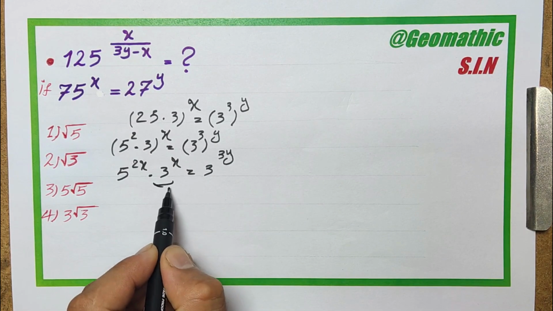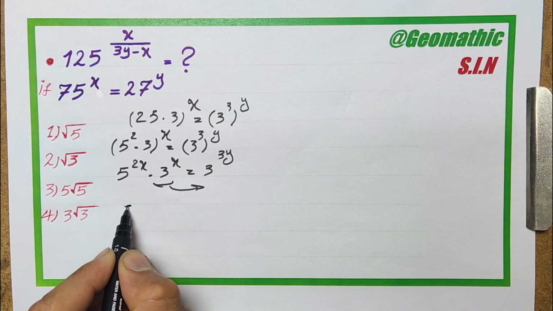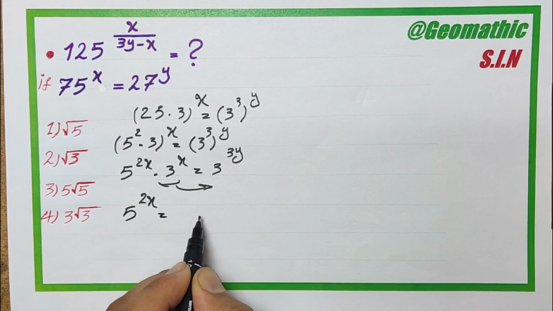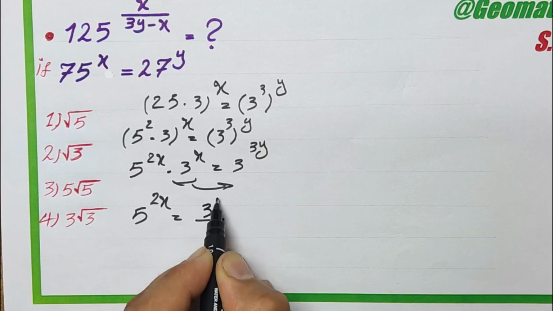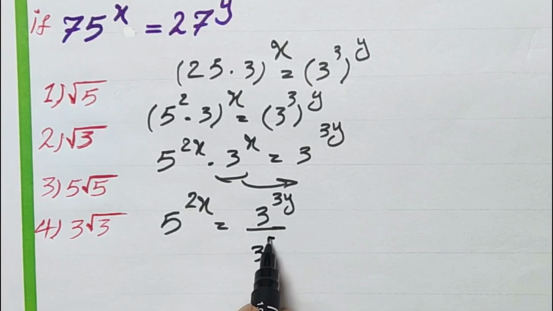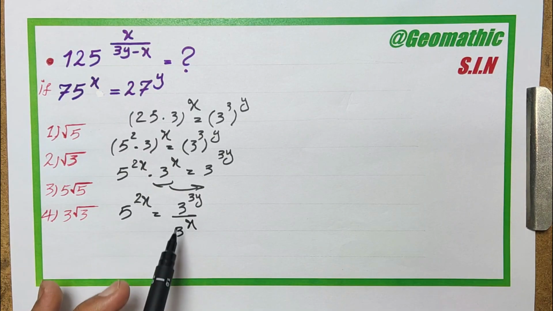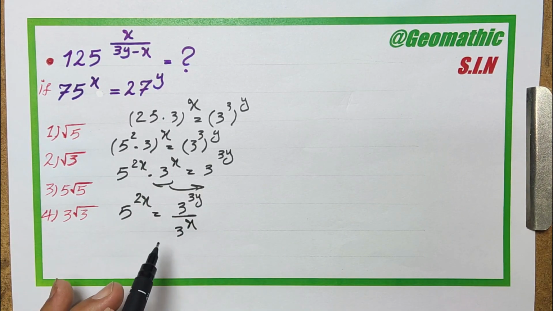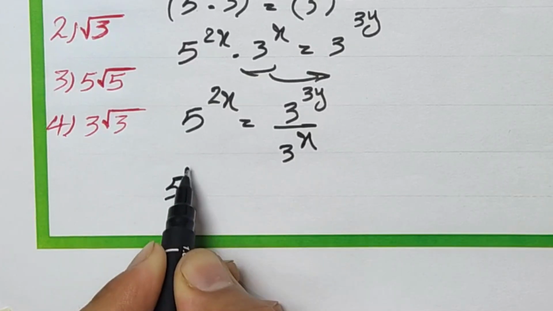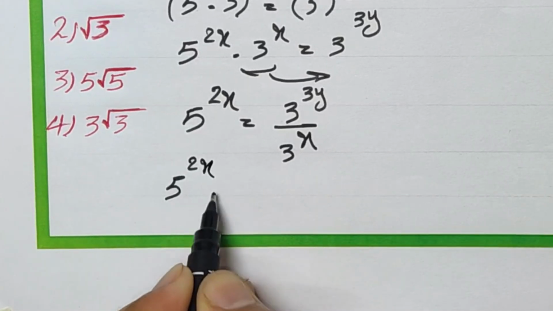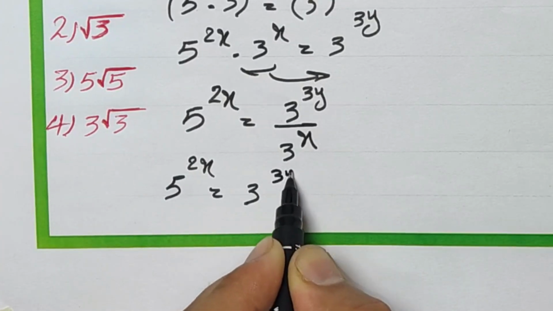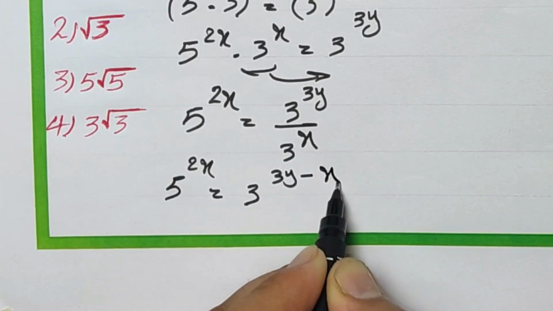Now move this term to the other side, then we have 5 to the power of 2x equals 3 to the power of 3y over 3 to the power of x. Since the bases are equal, we subtract the exponents, so we have 5 to the power of 2x equals 3 to the power of 3y minus x.